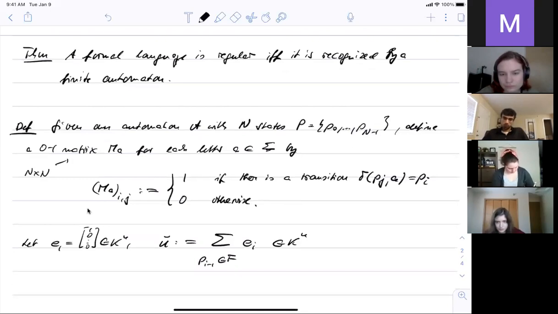So this is all we did: we defined the matrix and these vectors.